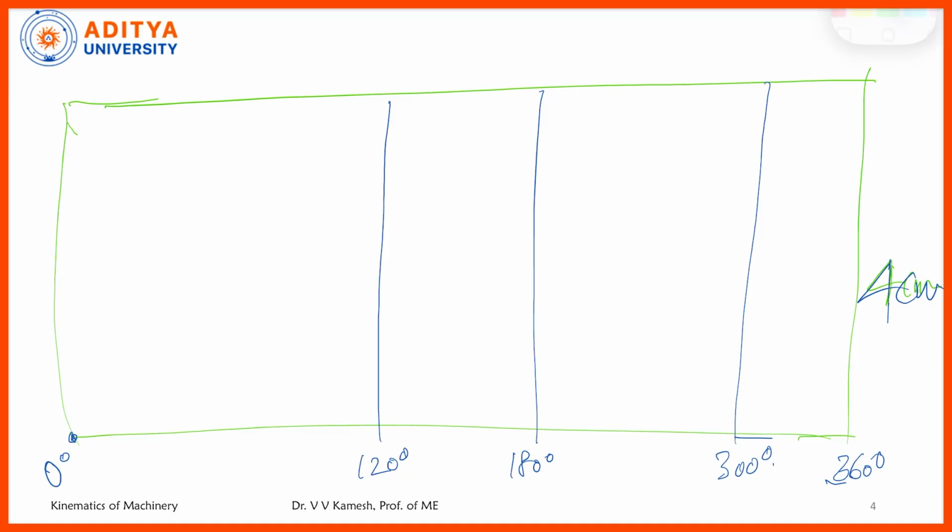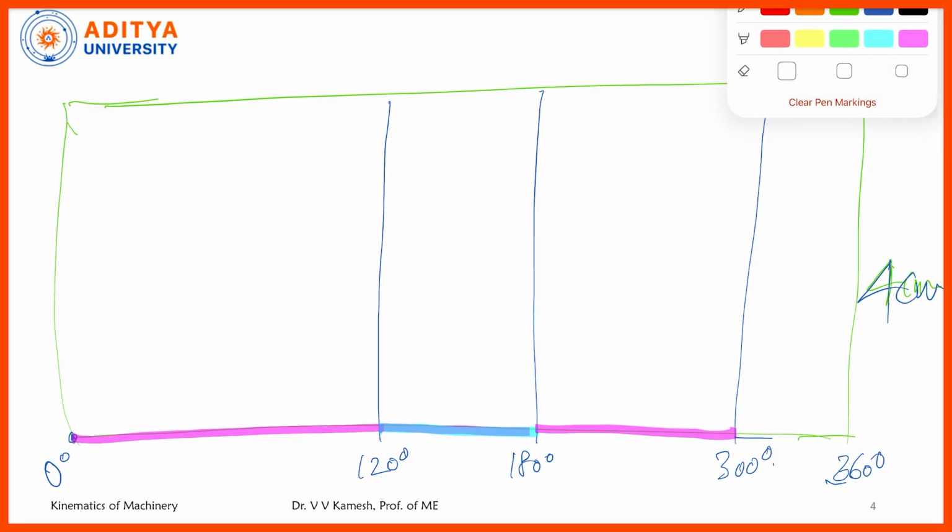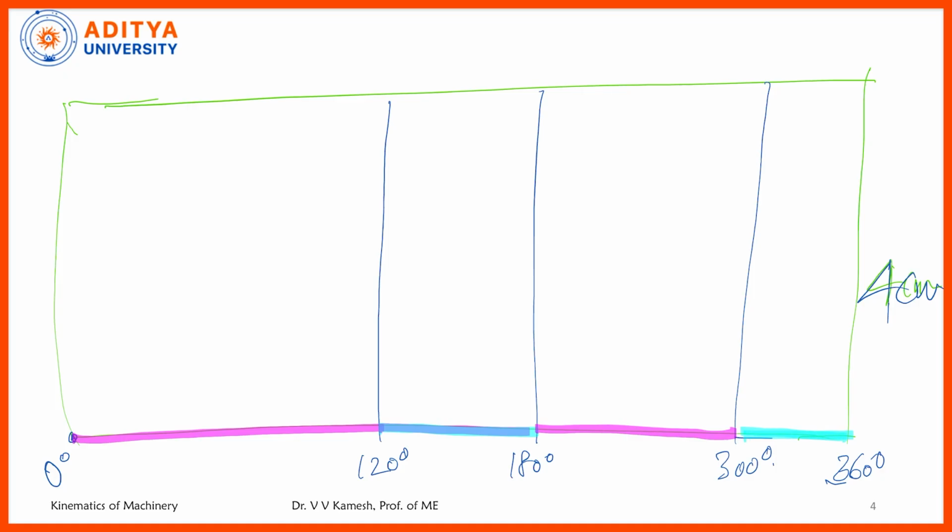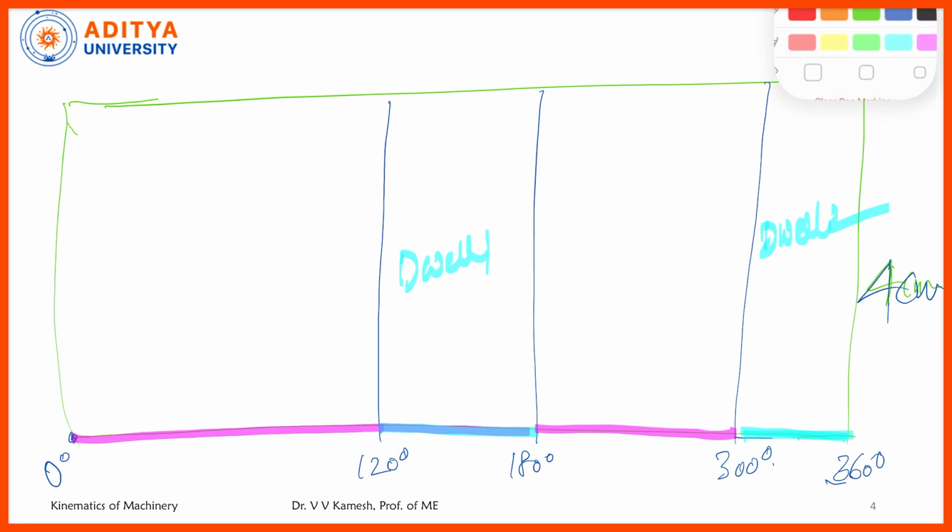So this part is rise, this part is dwell, this part follows the return motion, and next I have dwell. Because this is the dwell period, I need not draw anything here. So, I can write here dwell 1, and this will be dwell 2.